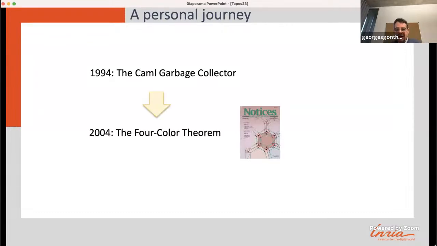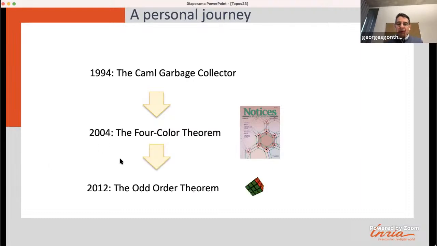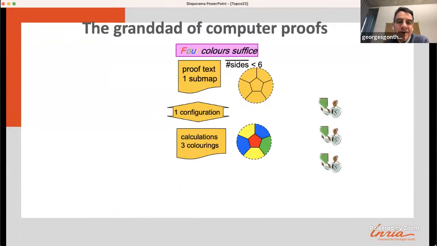Then 10 years later, I thought it would be fun to try this after real math, and I had this long-time fascination with the four-color problem. And so I tackled that and got a bit noticed for this, which gave me license to try something that was a little more real math, which is the odd-order theorem. So you'll get a little bit of all of those today.